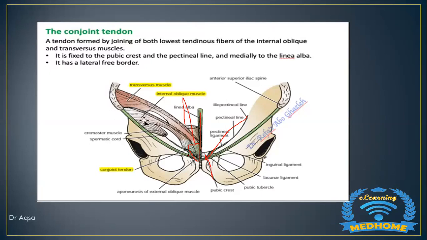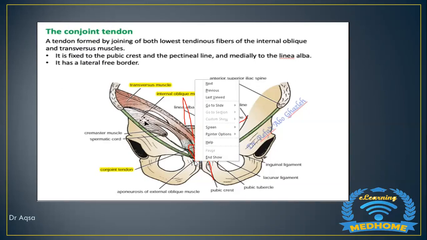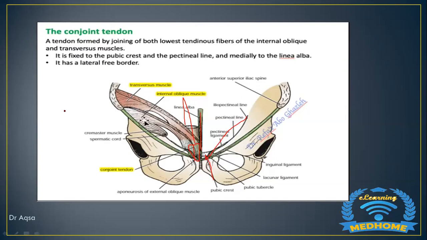However, laterally it does not have any attachment, so laterally it is free. It has a free border. So the conjoined tendon is basically a tendon formed by the lowermost fibers of the internal oblique and transverse muscle.